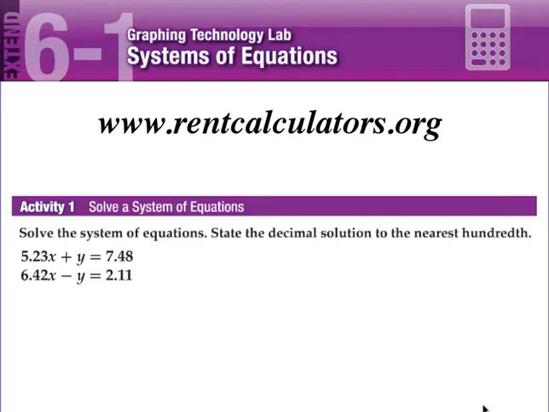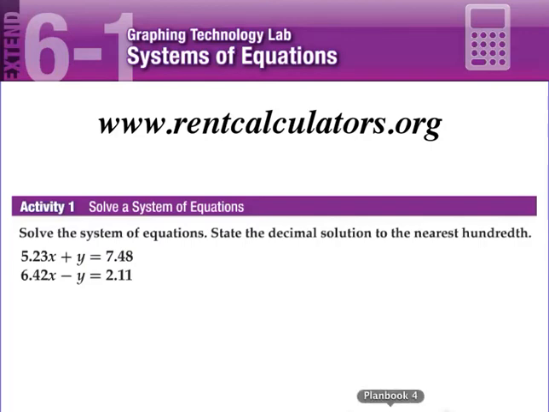Yeah, just write down the two equations. And so basically our goal today is going to be to graph those two equations and find out if they intersect, and if they intersect, where they intersect. Okay? So we should have those written down.